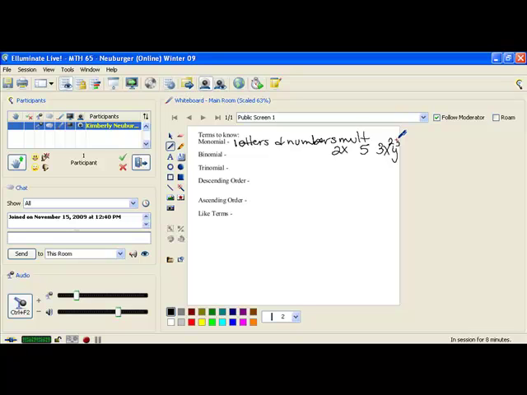So now that brings us to the next item that we need to know, and that's a binomial. And mono means one, bi means two. So what a binomial is, is two monomials added or subtracted.